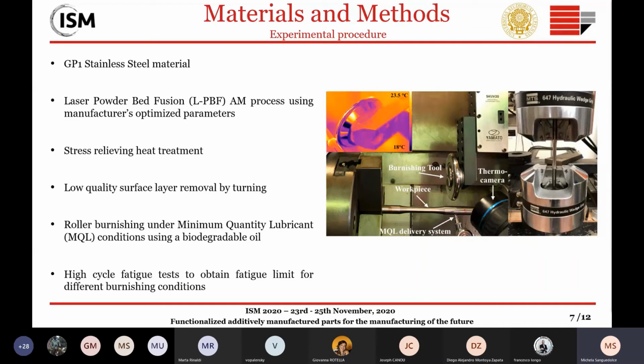In order to evaluate the effect of the burnishing process under different conditions, high cycle fatigue tests have been carried out, as you've seen also in the picture of the setup.